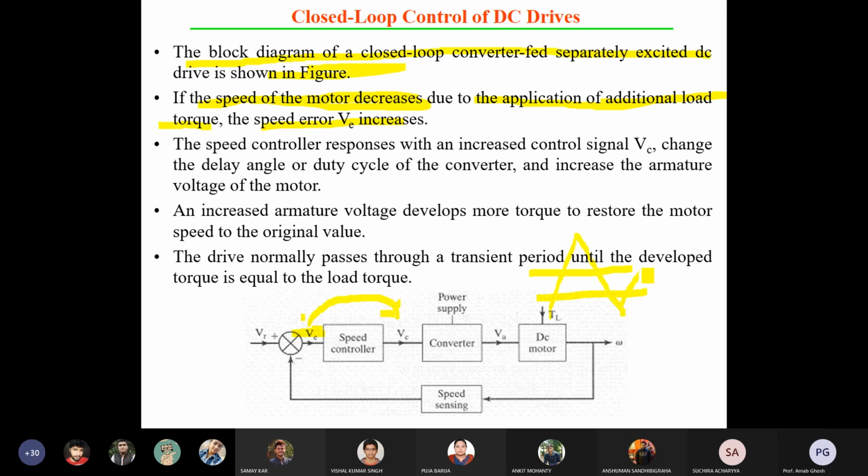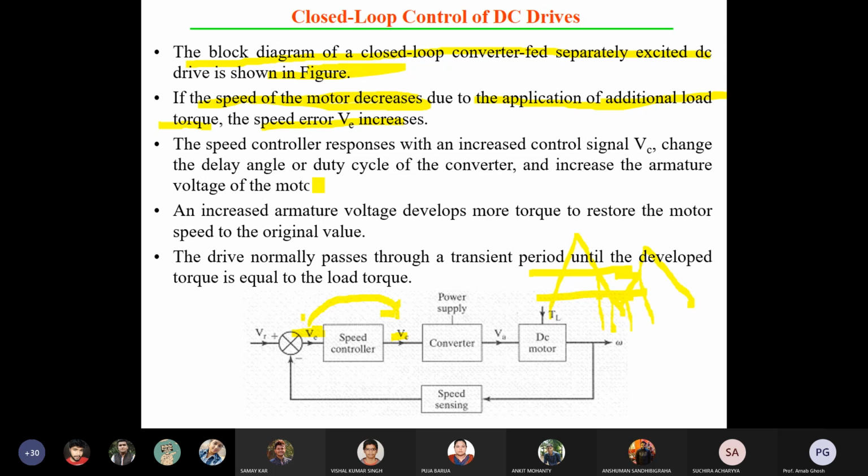Now you are comparing with the triangular reference value. Initially that was your on time duration, and now the on time duration is increased up to that value, as the control DC value is increased.